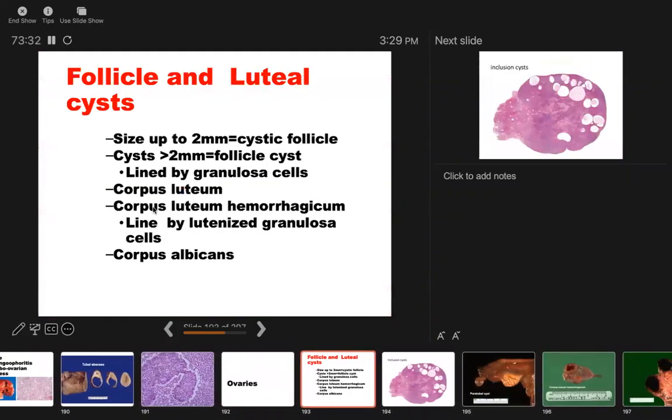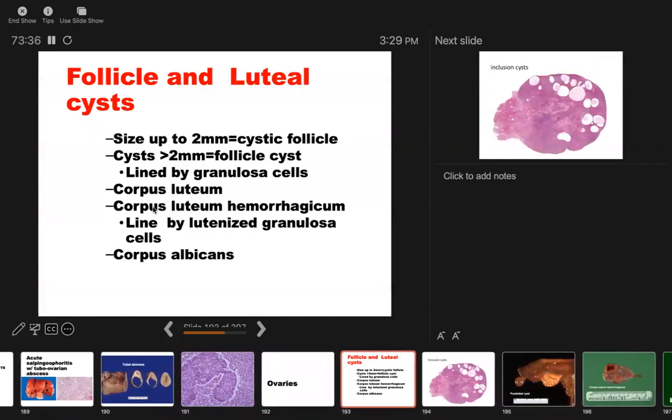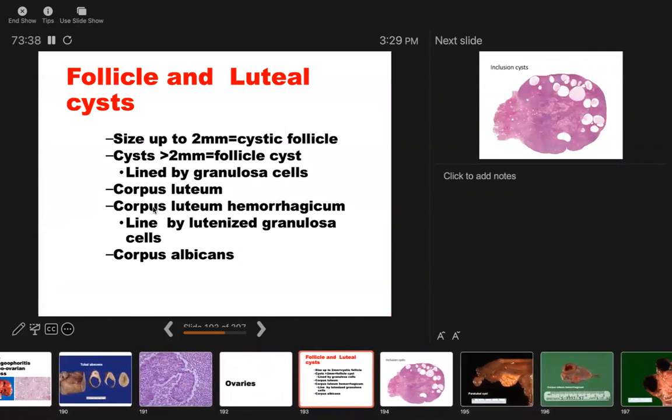Okay, we are now in the ovaries. Ovaries characteristically may have non-neoplastic and functional cysts. Two terms to remember, follicular cyst or cystic follicle. They are non-neoplastic, and the size is what differentiates one from the other.